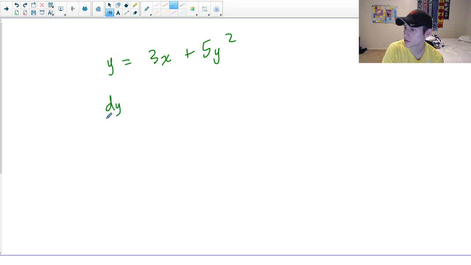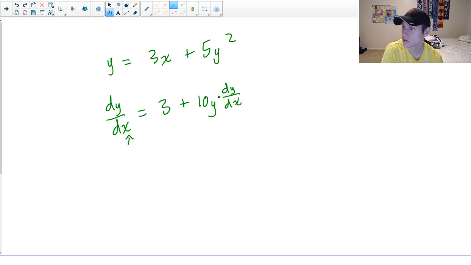If I want to take the derivative dy/dx, so I'm taking the derivative with respect to x, for the x stuff I can do it normally. Derivative of 3x is 3. But when I come to y stuff, I can do my rules. So here I would just do chain rule. 5y squared, that derivative is 10y. But then I would need to chain rule and put dy/dx on the end.